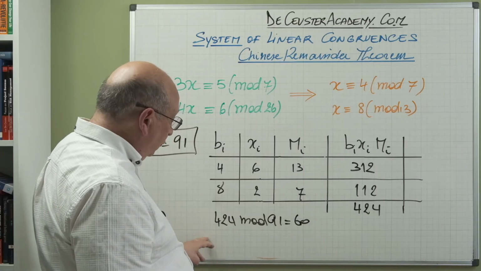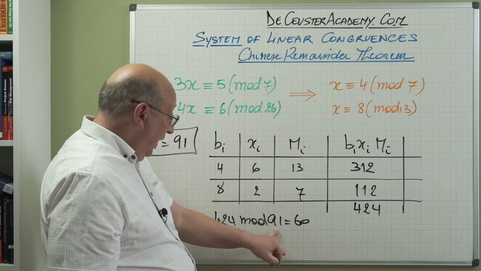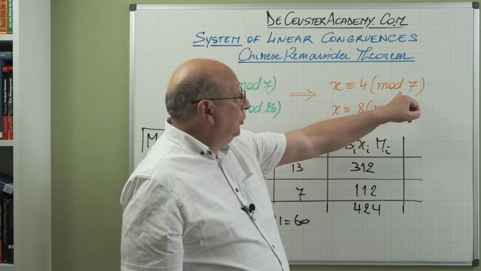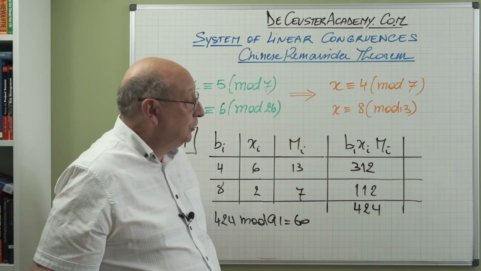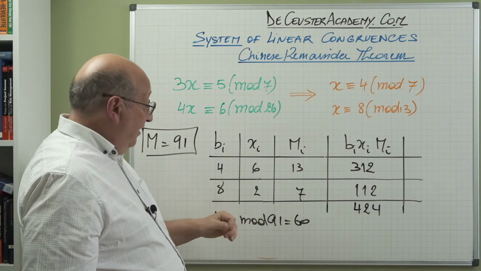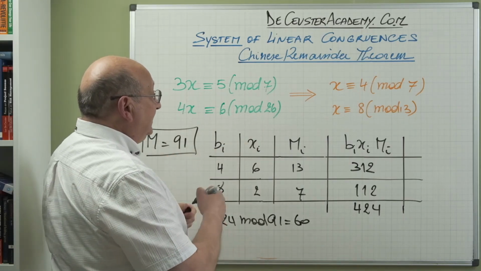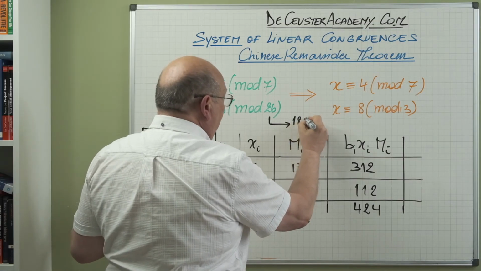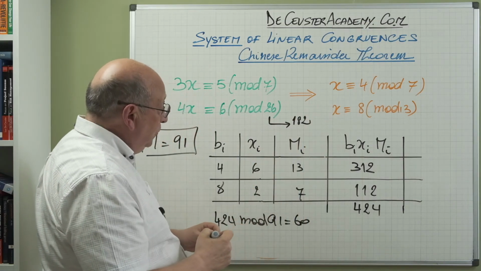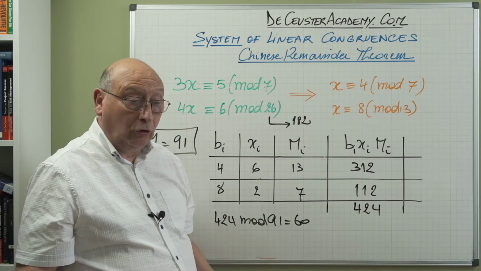Now what we have to see here is that we have 91, which is the product of the moduli of the two reduced equations. But originally, m original was the double, 182. So basically, we have to adjust this solution to the new modulus.